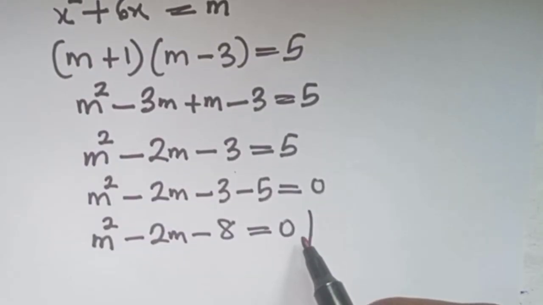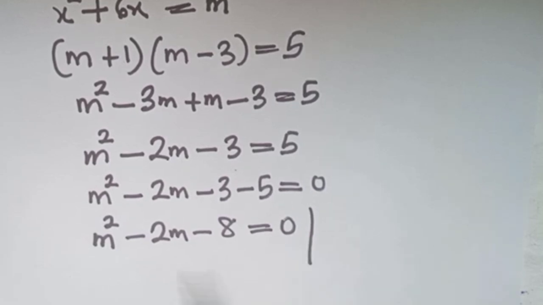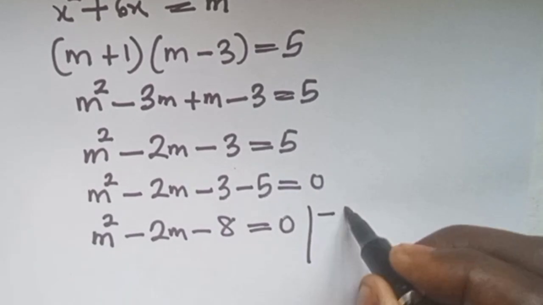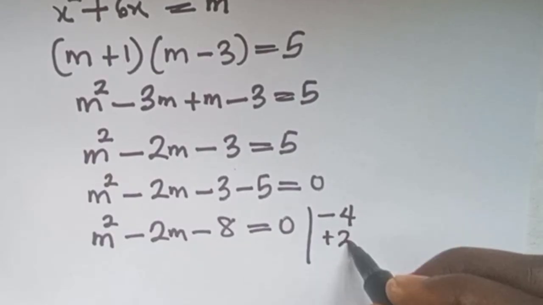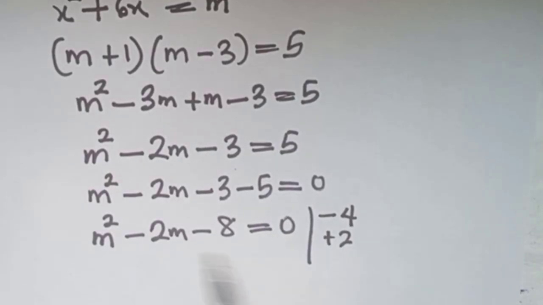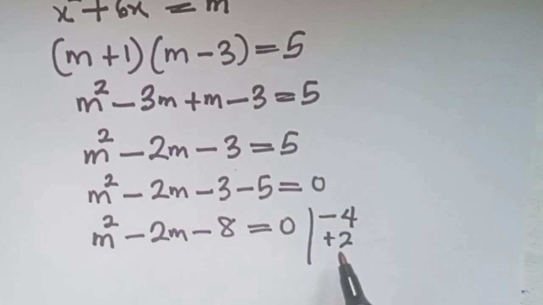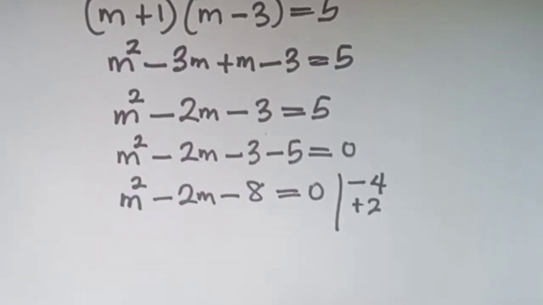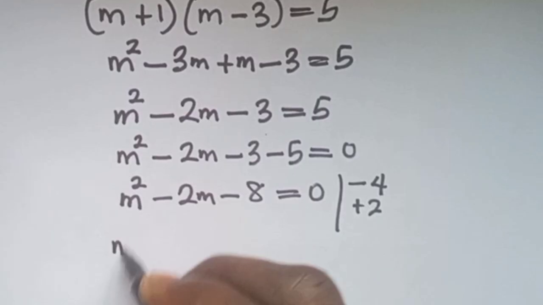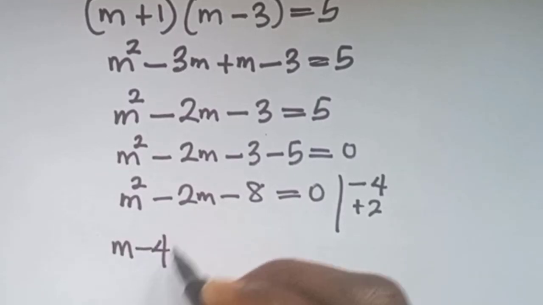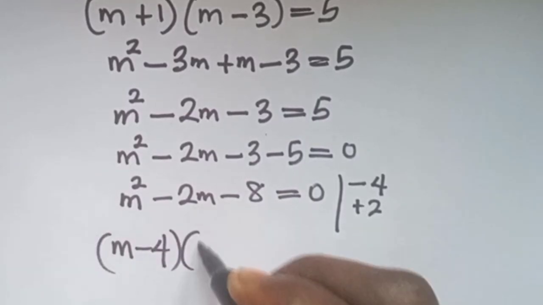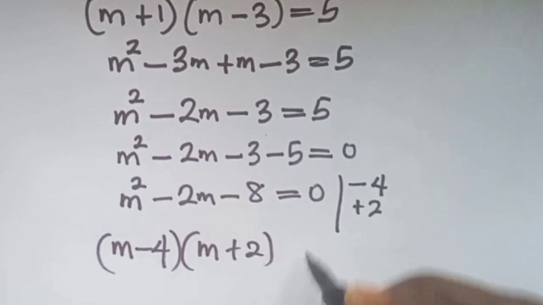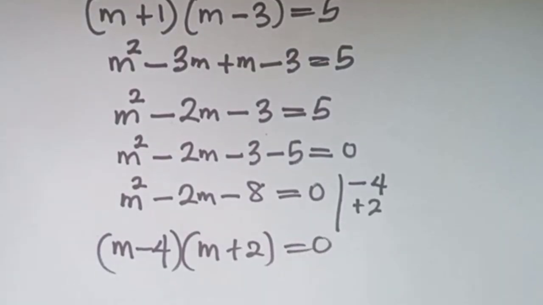So we're going to look for two numbers whose sum is minus 2 and whose product is minus 8. If we consider minus 4 and plus 2, minus 4 plus 2 is minus 2, and minus 4 times 2 is minus 8, so we're fine. Our equation becomes (m minus 4)(m plus 2) equals 0.